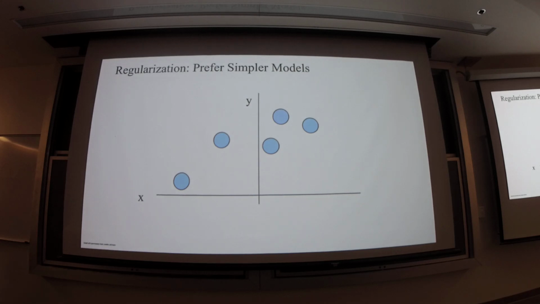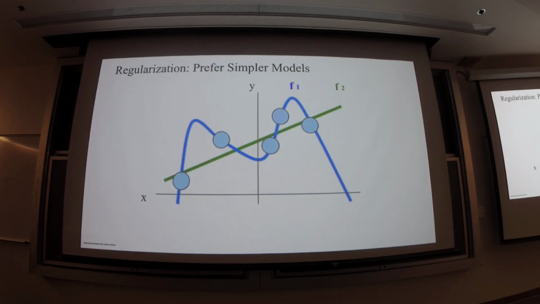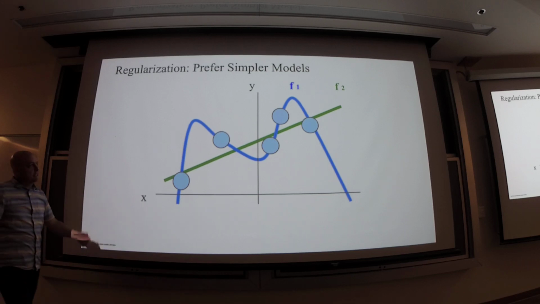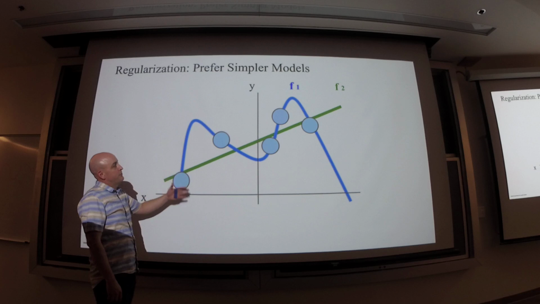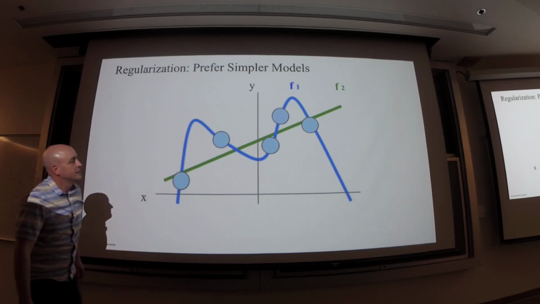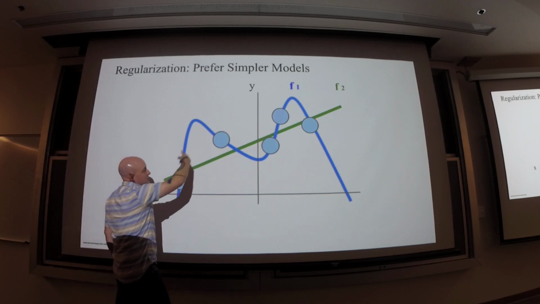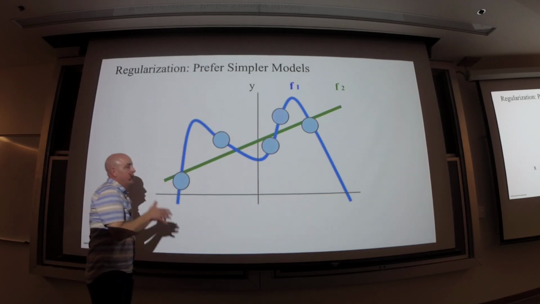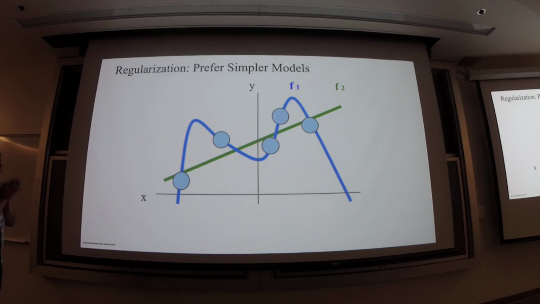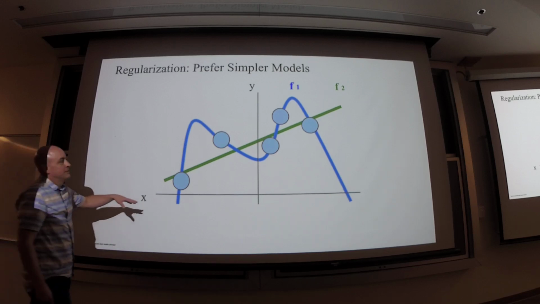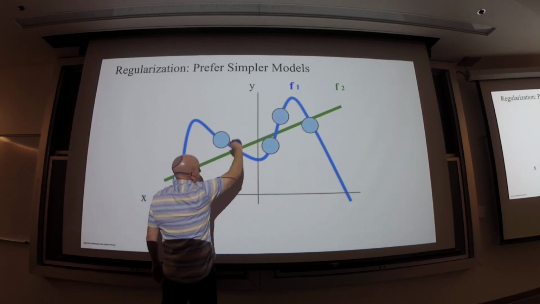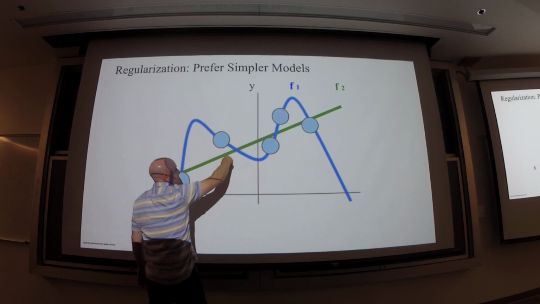Okay, so what does it mean for first input models? You've probably seen this in many other classes, but if you're fitting polynomials to wiggly data, you can keep using higher and higher order polynomials, and you can fit this data very perfectly. But that usually means that if I now have a couple of test examples from the same distribution, they're going to be way off.